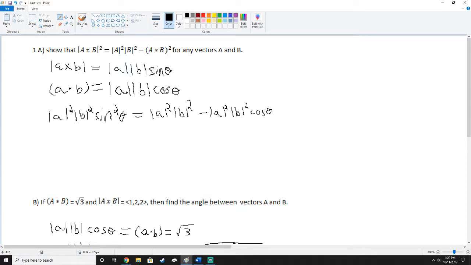So if we look at our new equation, by simply replacing the cross product squared and the dot product squared with the sine and cosine definitions, we get this new equation right here.